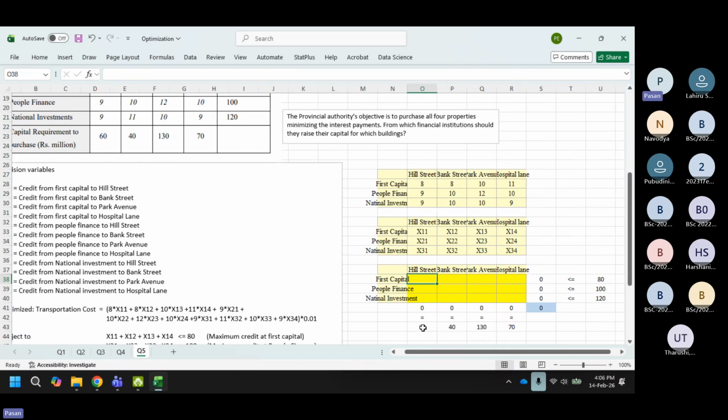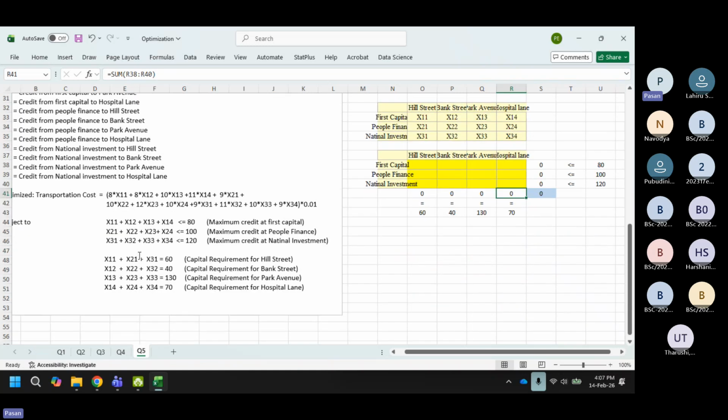And then my capacities are there, 80, 100, and 120. And I can take the summations of my variable cells, the summation of each row, so that's what these summations here represent.